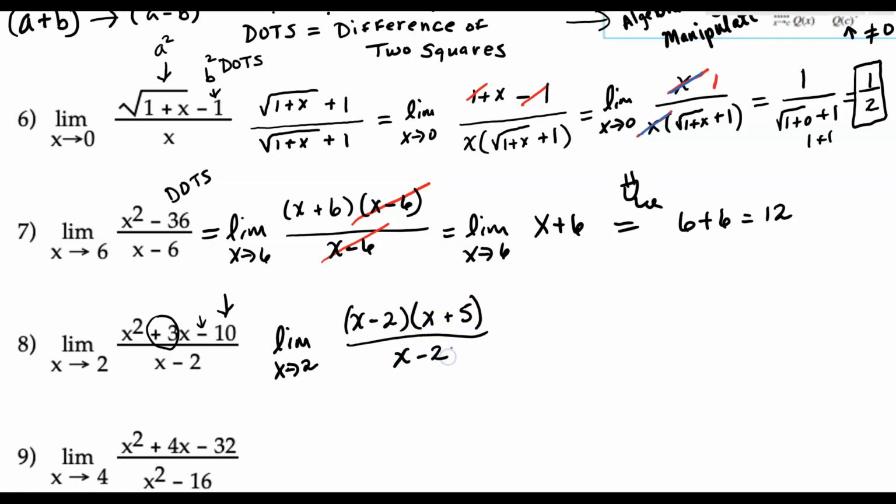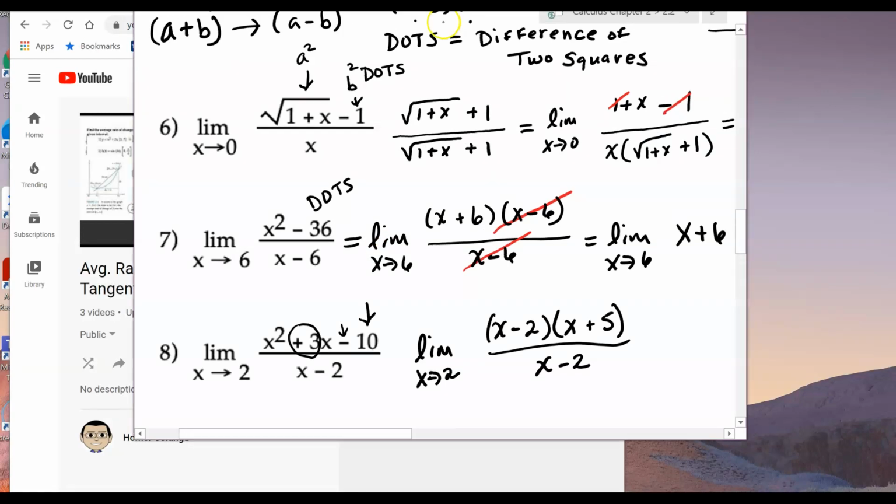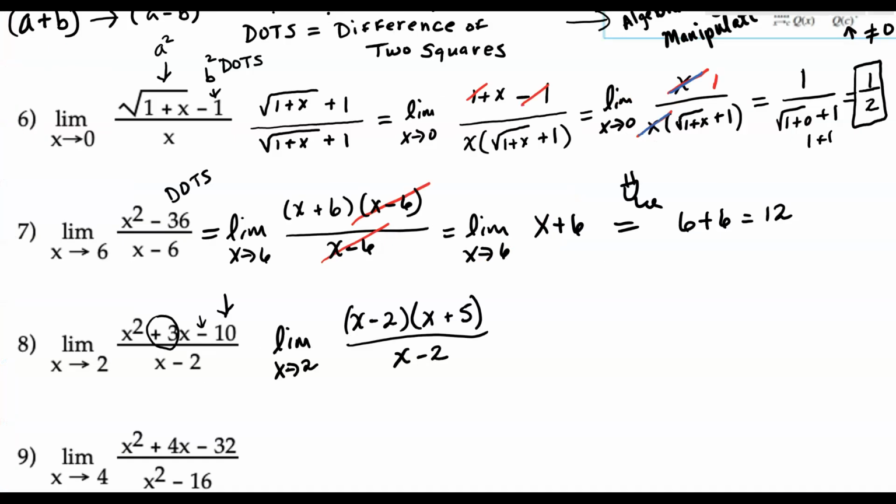And then we're left with the x minus 2 in the denominator, and you should start noticing what's going on here. What happens is that you can eliminate the x minus 2. You can eliminate the x minus 2 here.